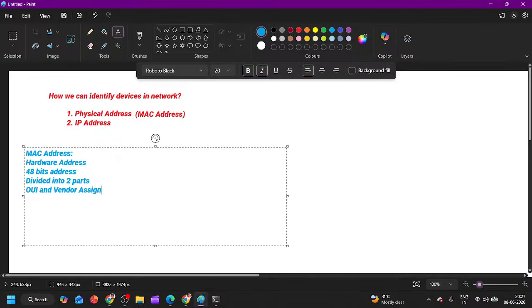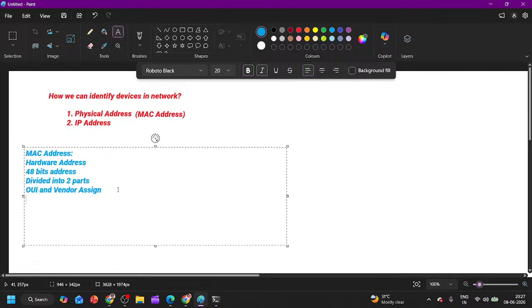Your vendor is going to decide the last 24 bits only, and with the help of OUI, the MAC address is globally unique. All systems have a unique MAC address. How is it possible with the help of OUI? Because a vendor is not going to decide their OUI. OUI is not free, and this is the first 24 bits of your MAC address.